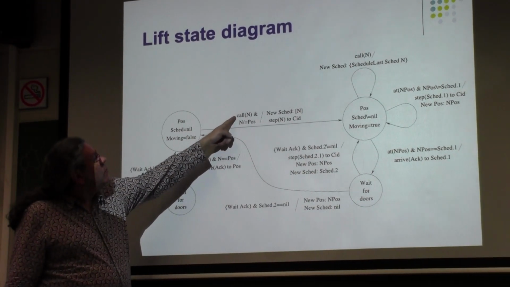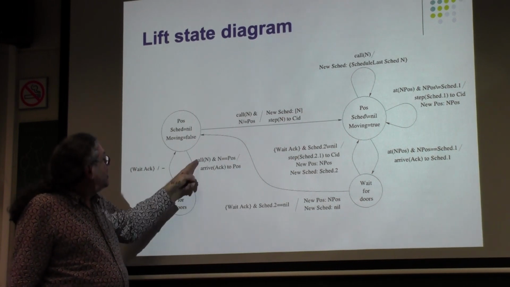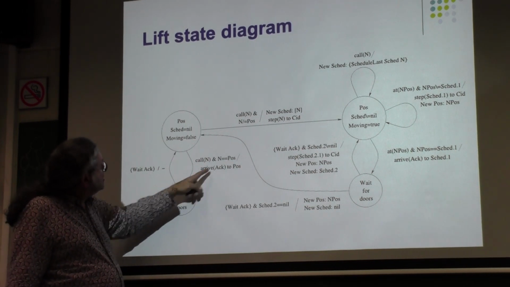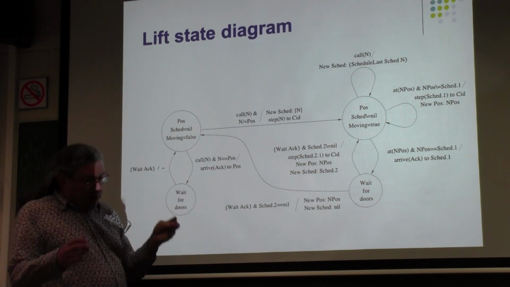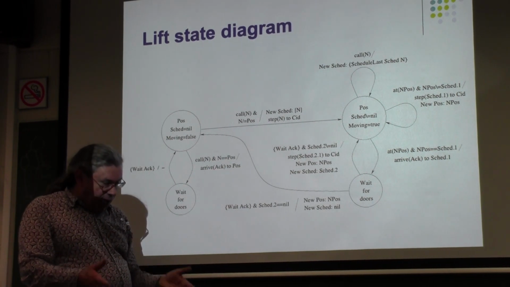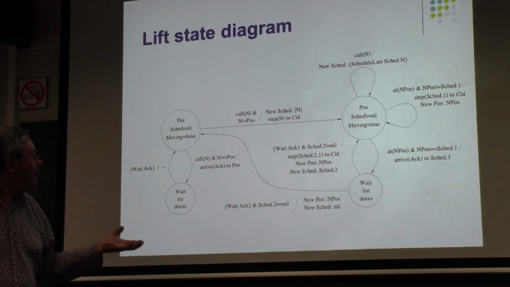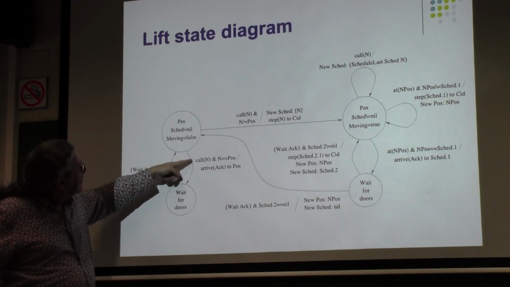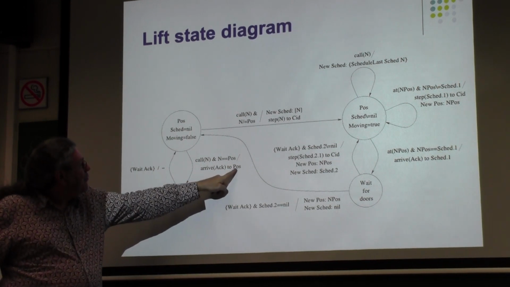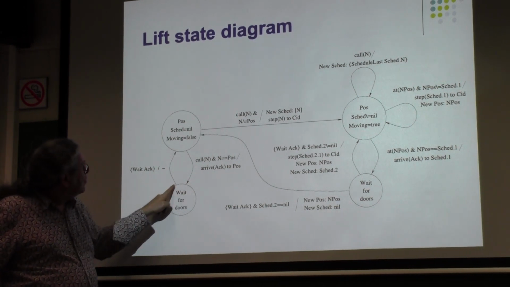So here's a call N when N is different from the position. Here's a call N when N is equal to the position. So if the lift is there at my floor and I'm calling it, it just has to open the door. So it's this state here. It sends the arrive to the floor immediately, and it waits for the door.